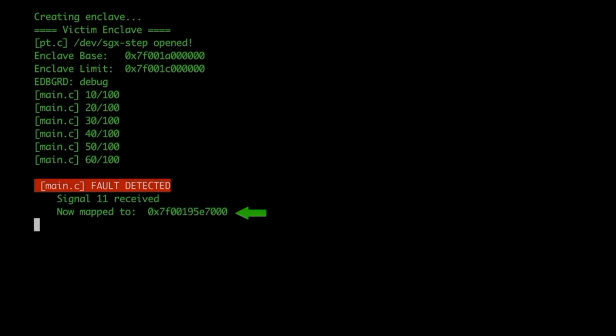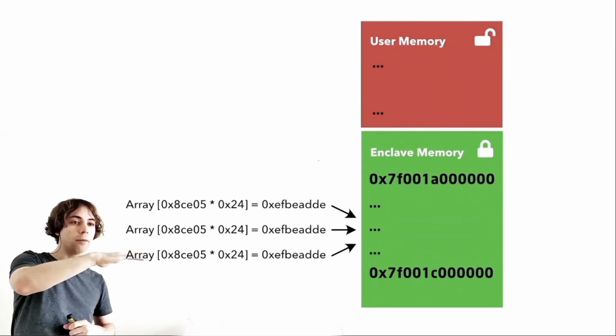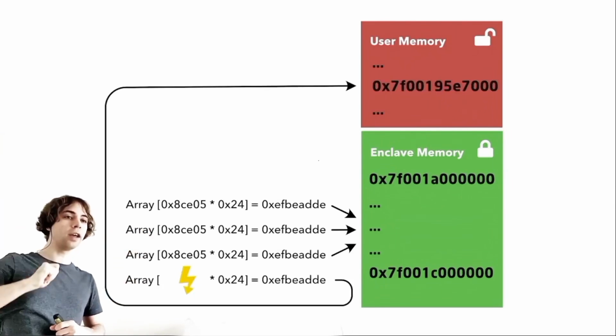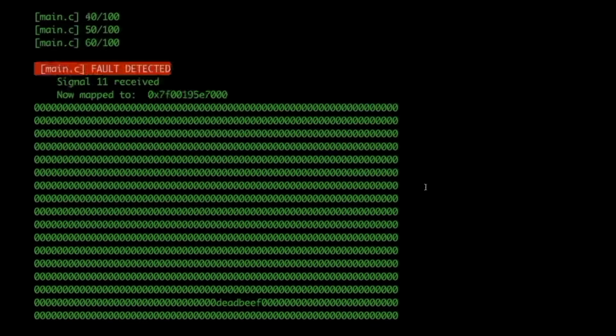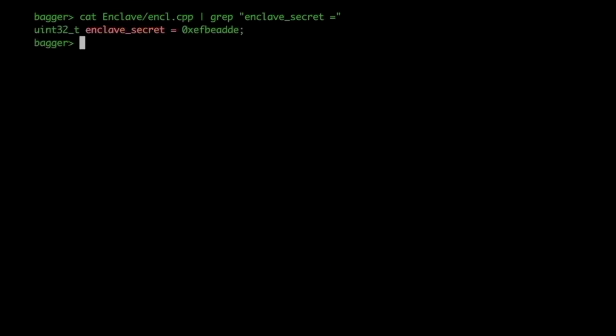This fault means that we started writing to the same location over and over again, and now it writes to a different location outside of this secure region. That means we can read what the enclave wrote there, and we can see that it wrote dead beef, which is in this case the secret that we have implemented in our enclave.